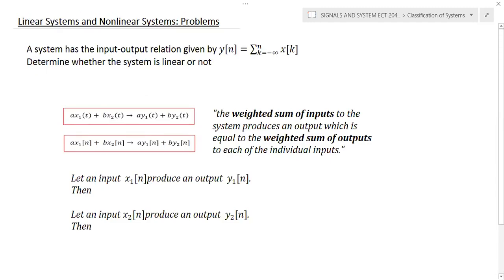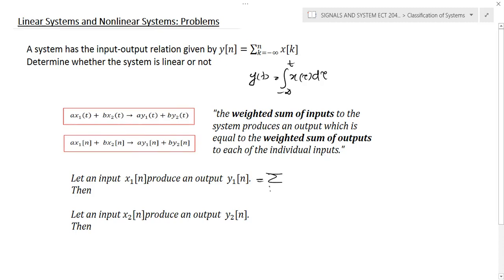This is another system, where y of n is given by sigma k is equal to minus infinity to n x of k. Previously we discussed another question in the case of a continuous time system, that is y of t is equal to integral minus infinity to t x of tau d tau. So this is the discrete time version of that question. This is summation, similar to integration, and now we need to write y1 of n in terms of x1 of n.